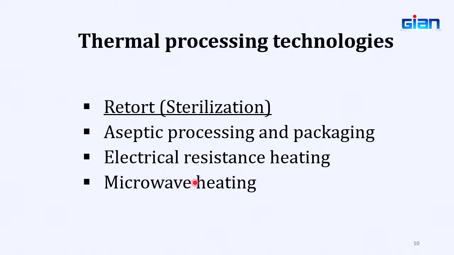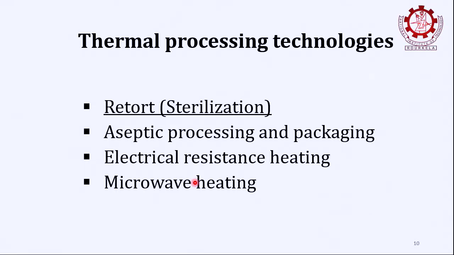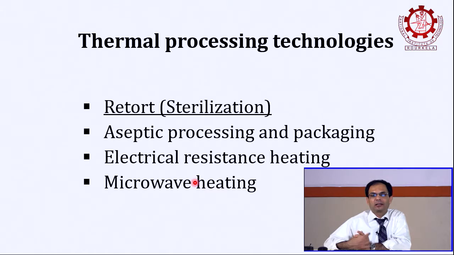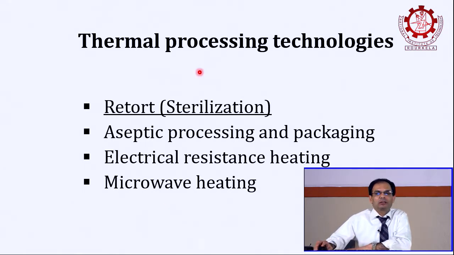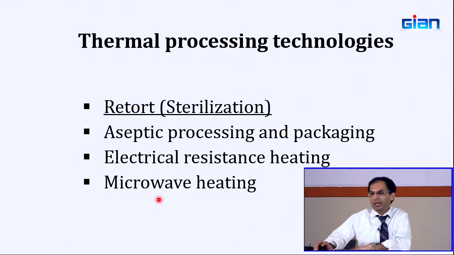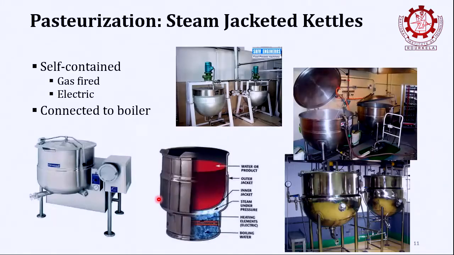You gave some good examples about it, such as ohmic heating, which is electrical resistance heating, and we have microwave heating as well. In all cases, you are heating. The way you provide the heating to the food is the only thing different. So the science remains the same. It is the technology which is different. In this particular lecture, we will cover the top one, which is retort, but we will have one of the lectures where we would cover microwave-based heating as well.